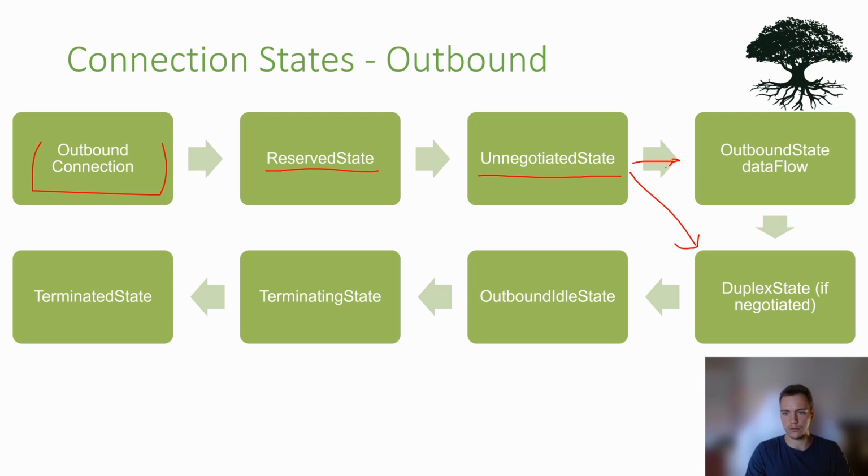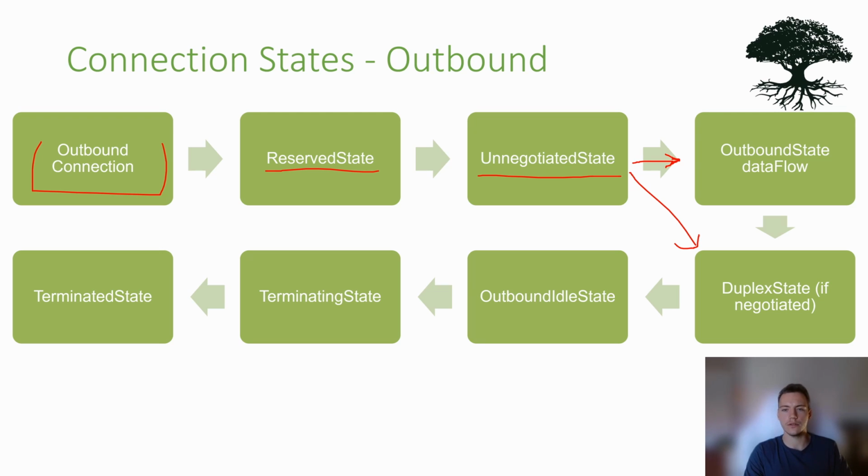We can go both ways depending on the negotiation, right? But here we get to the point where the connection is going to get started. Well, the connection is already started, but the node-to-node mini protocols are going to get started.